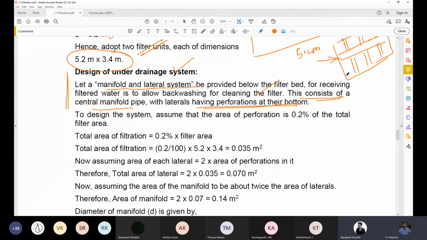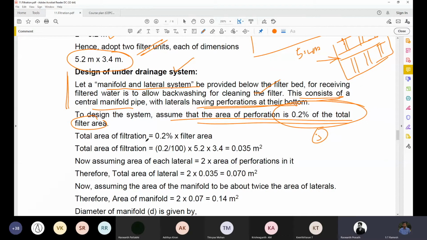Third assumption, to design the under drainage system: assume the area of perforation is equal to 0.2% of the total filter area.